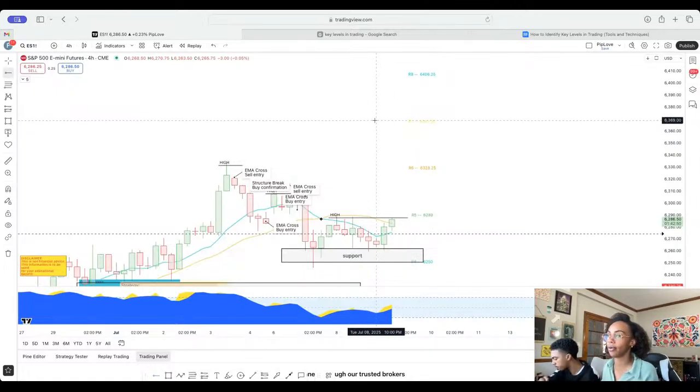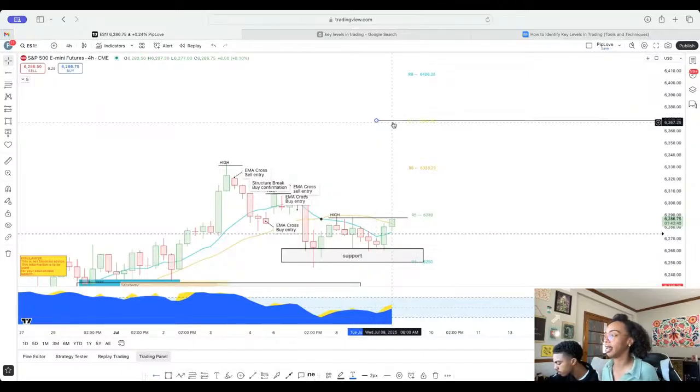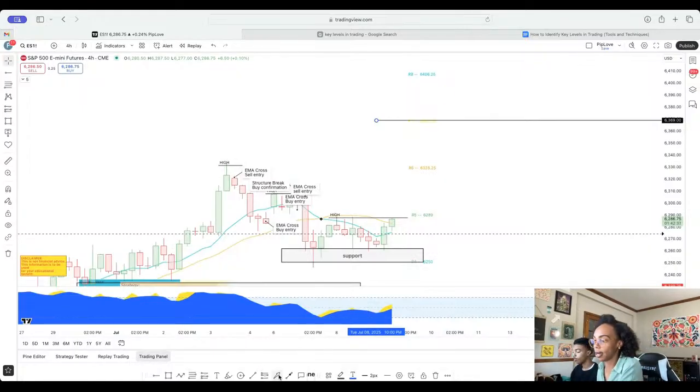This is on the 4-hour. Remember, higher time frame. So maybe not something that's going to happen today or tomorrow, or maybe not even next week. But remember, destination. We have our destination. 6370 looks like a TP1 on the 4-hour according to our pivotal zones.